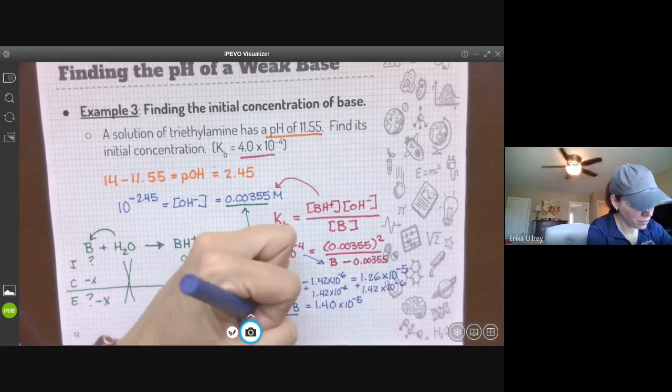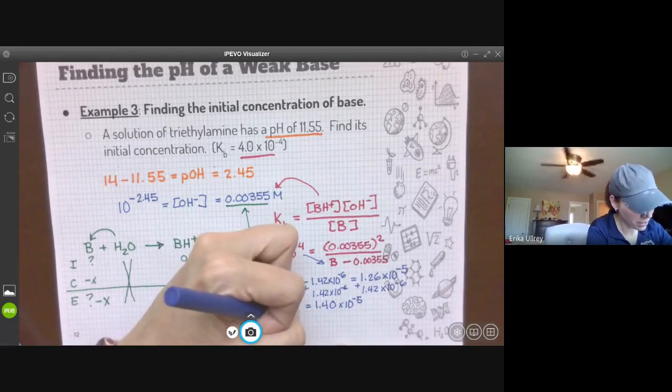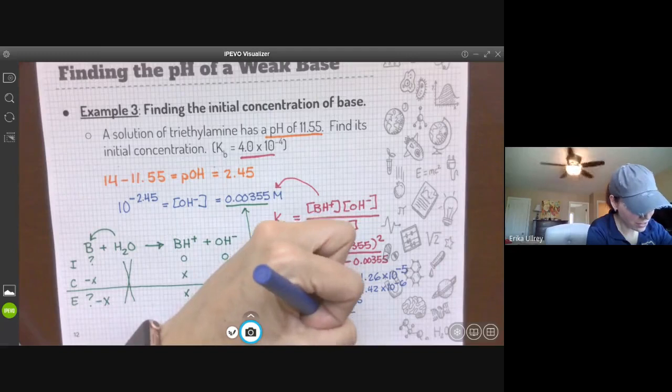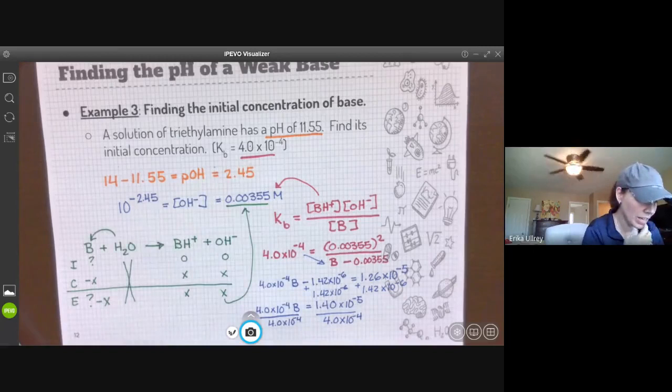And then we divide both sides by 4.0 times 10 to the negative 4th. This is all just straight algebra, friends. Okay, let's do that right. 1.26 times 10 to the negative 5 plus 1.42 times 10 to the negative 6. Yep. Okay, and then divided by 4.0 times 10 to the negative 4th.